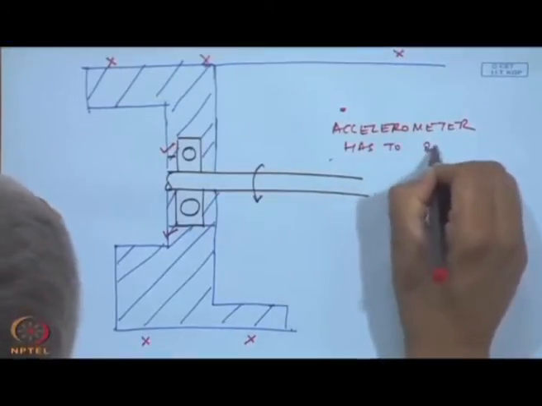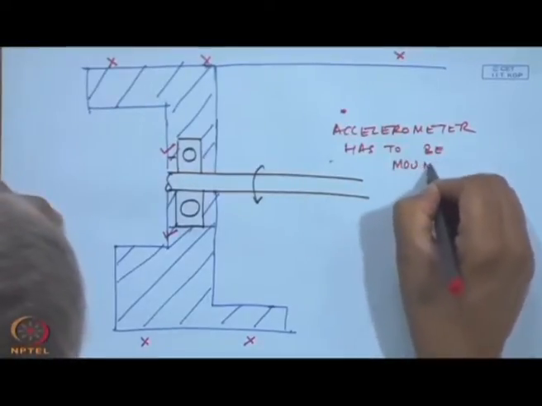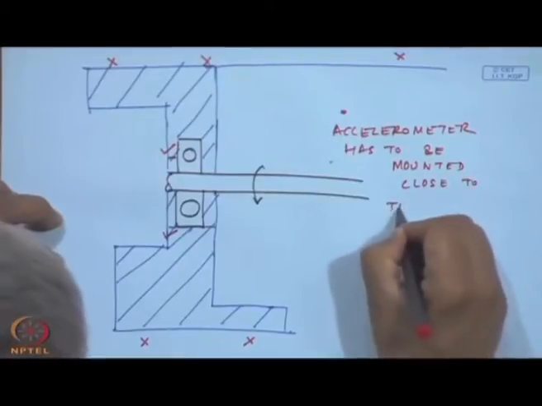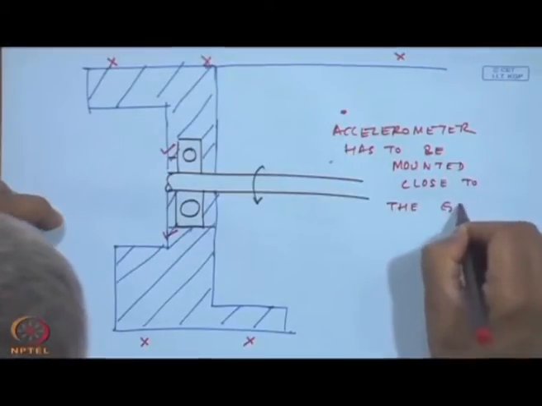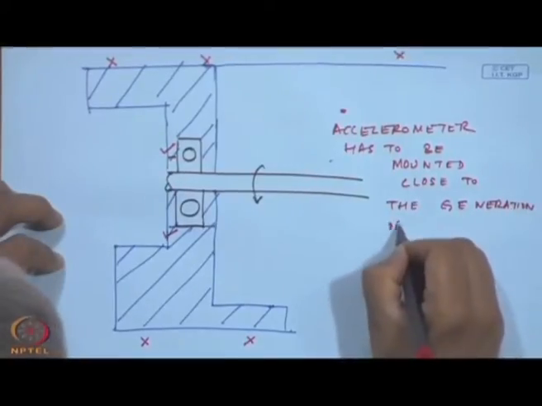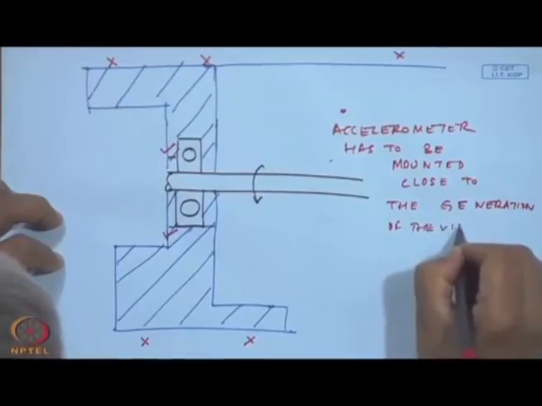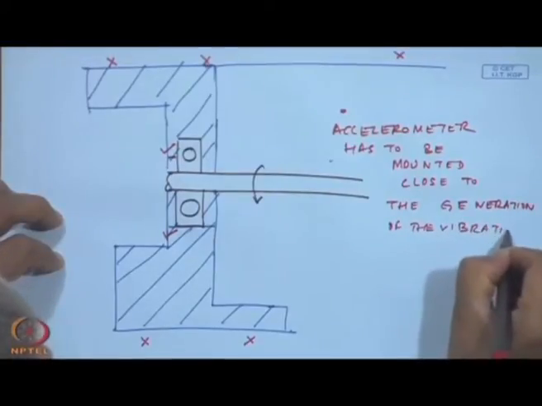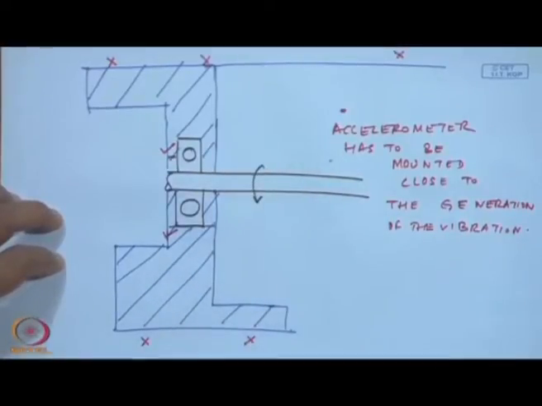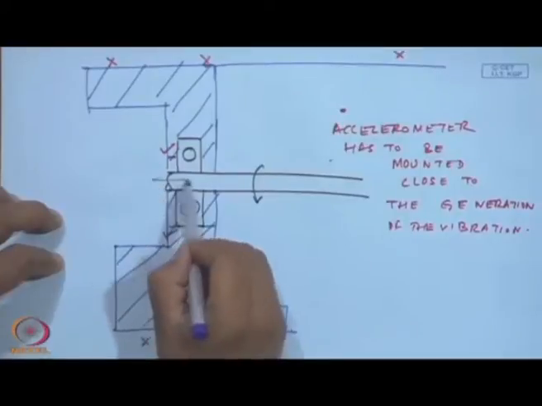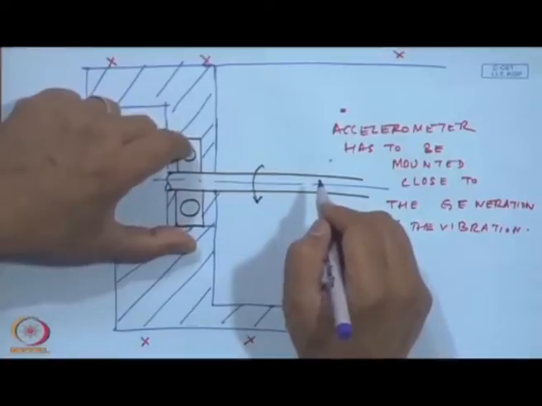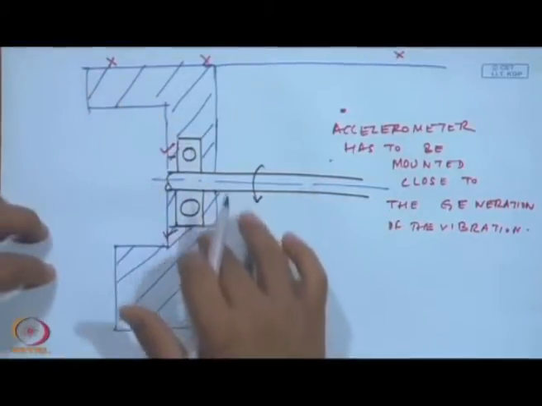So, the accelerometer has to be mounted close to the generation of the vibration, because in this shaft, if it was misaligned etc., the forces would come at the supports, at the bearings, and this is where a lot of motion will be there.